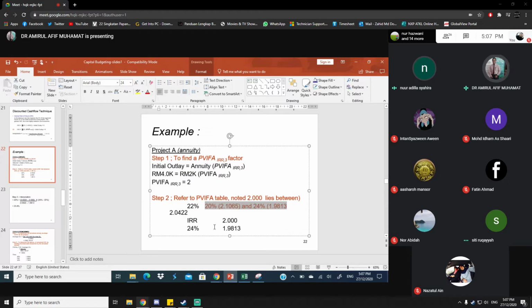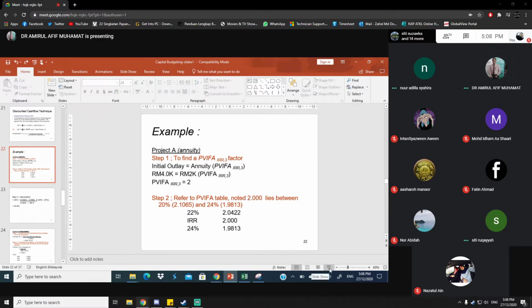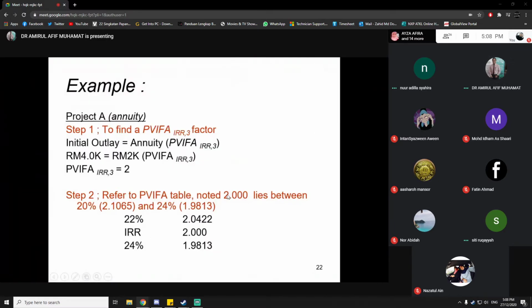Okay, so here, kalau you cari, you akan dapat dua kat sini. So this is a factor, and you need to arrange, you kena susun. Factor ni dia ialah di antara 20% dengan 24%, maksudnya dia di tengah-tengah.